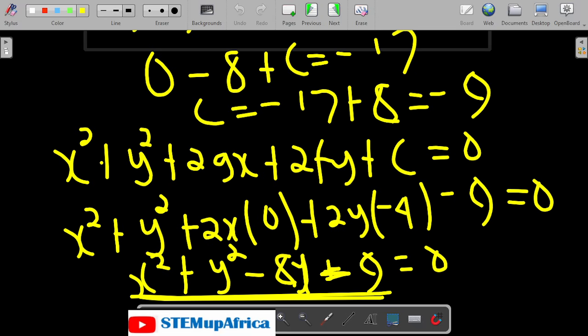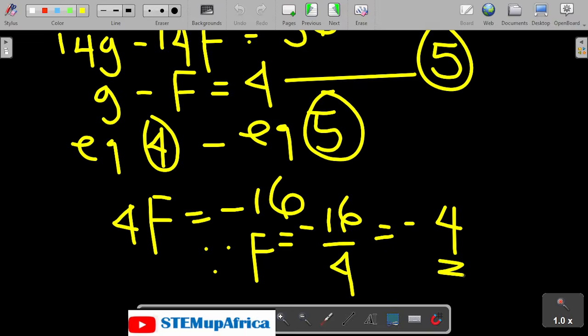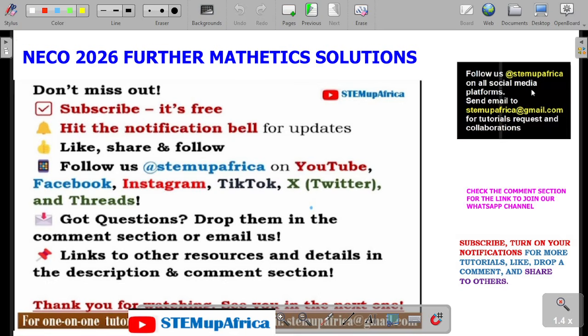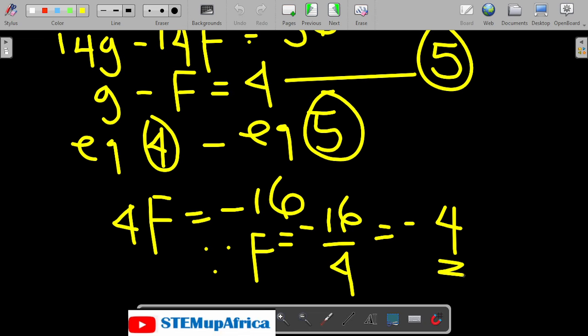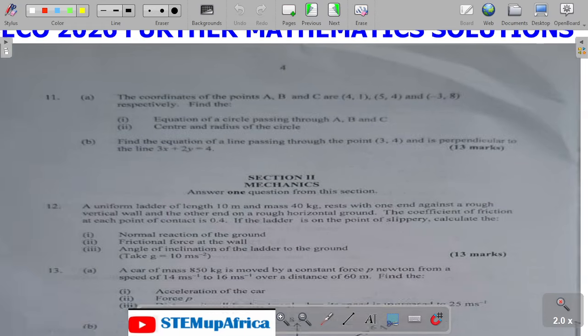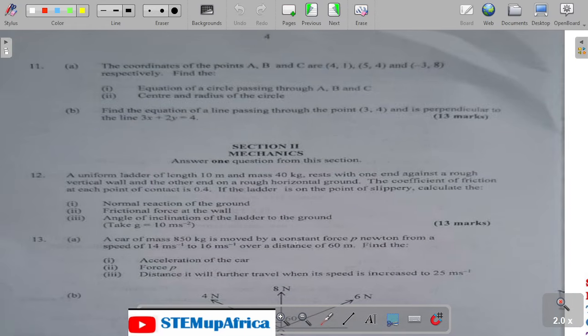So let's go to 11b. Find the center and radius of the equation. Remember the equation we just got?